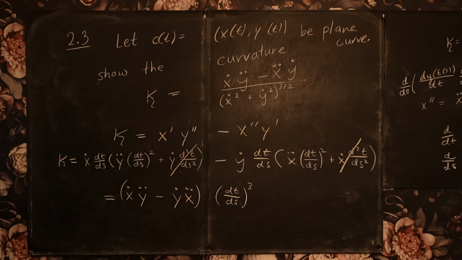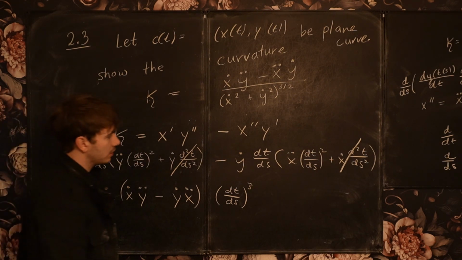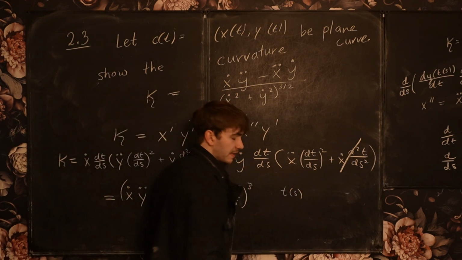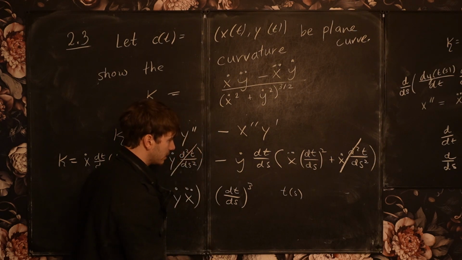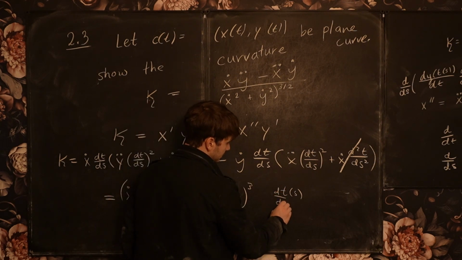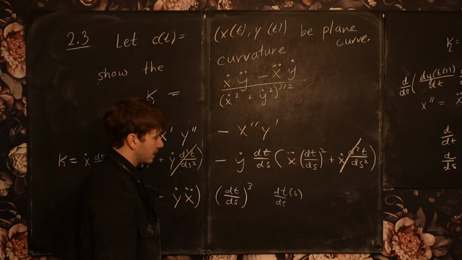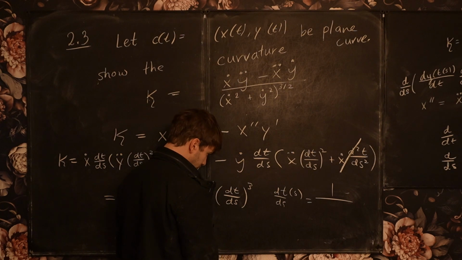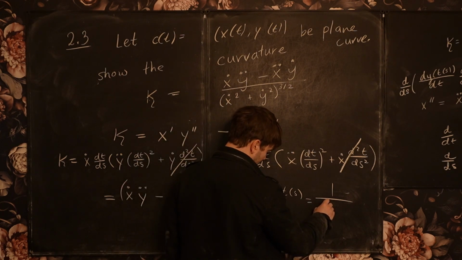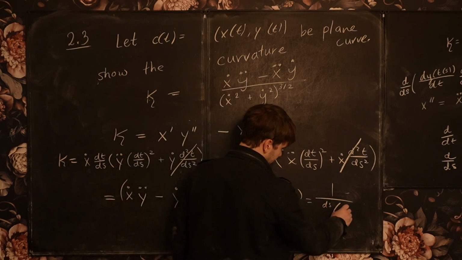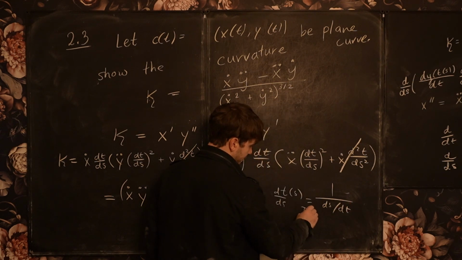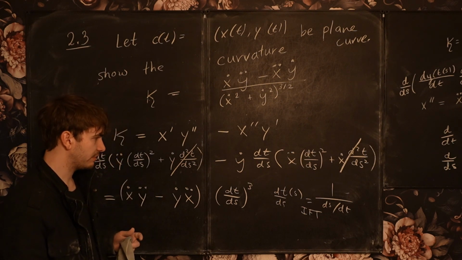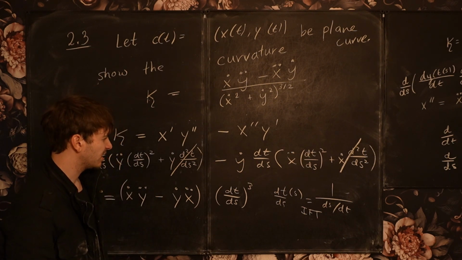All right, so what is dt over ds? Well, by the inverse function theorem, dt over ds is going to be 1 over ds over dt. This is the inverse function theorem, and we've assumed the speed is non-vanishing.